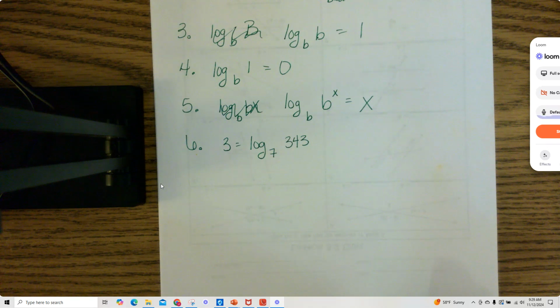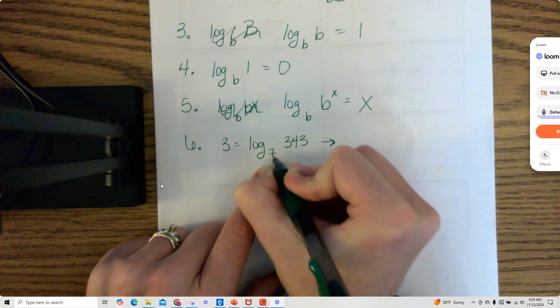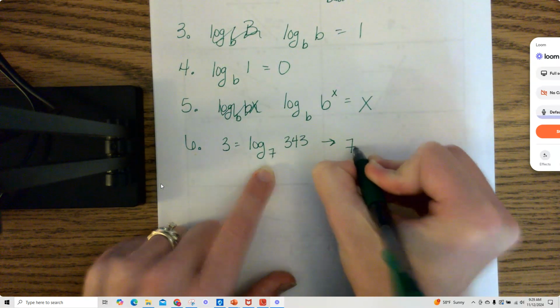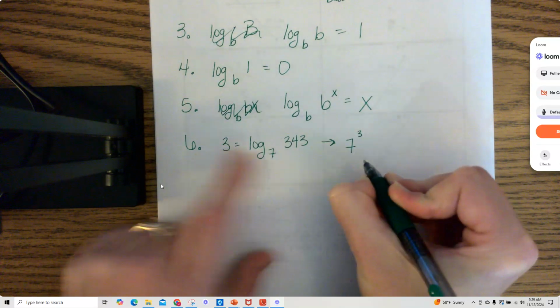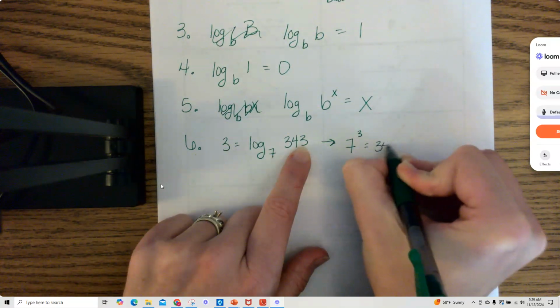Does it want it rewritten as an exponent? What is the equivalent exponential form of the equation? This stays your base. This becomes your exponent. This is what it's equal to.